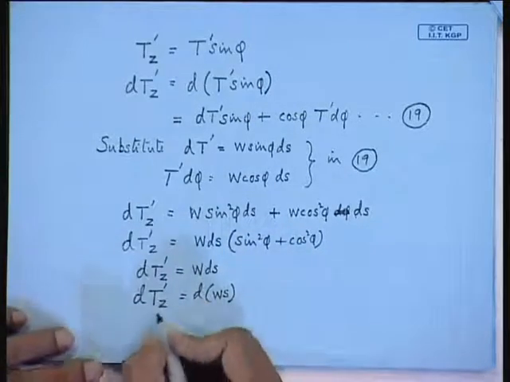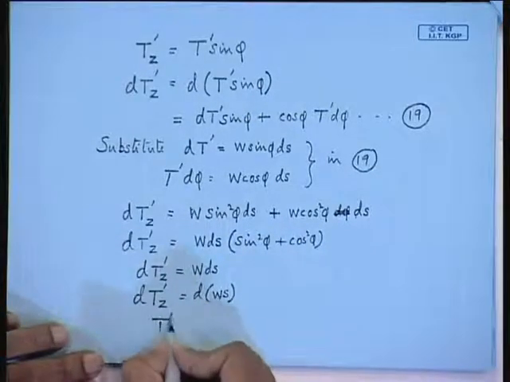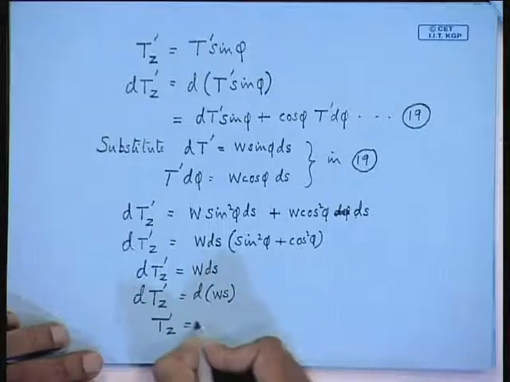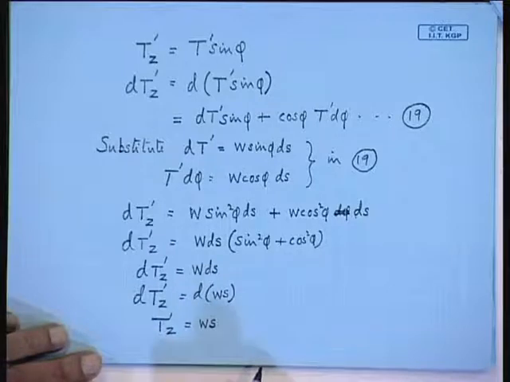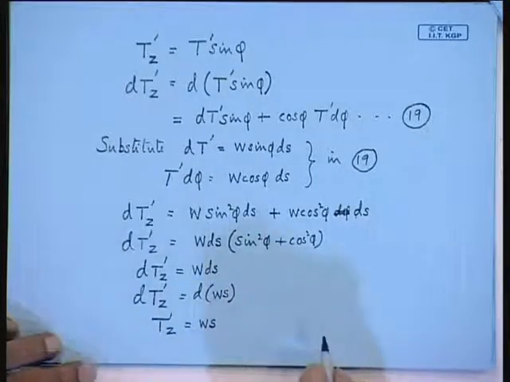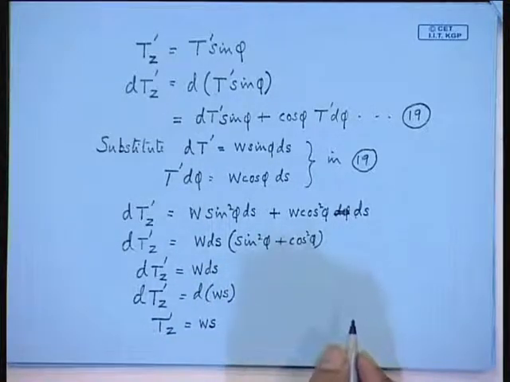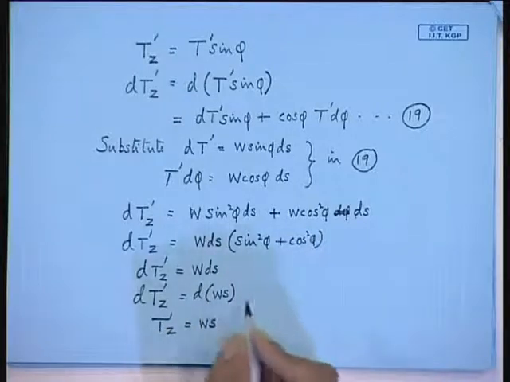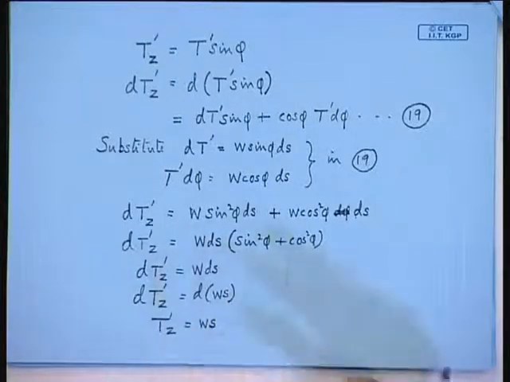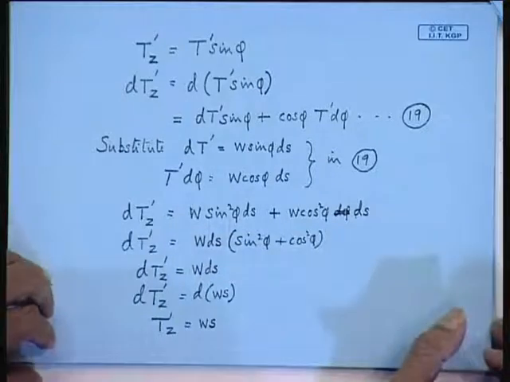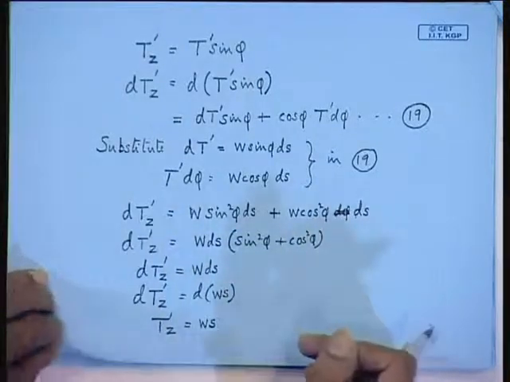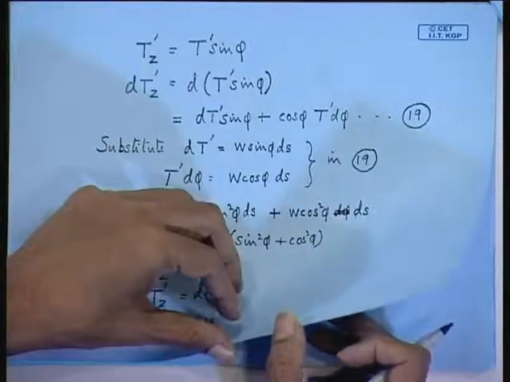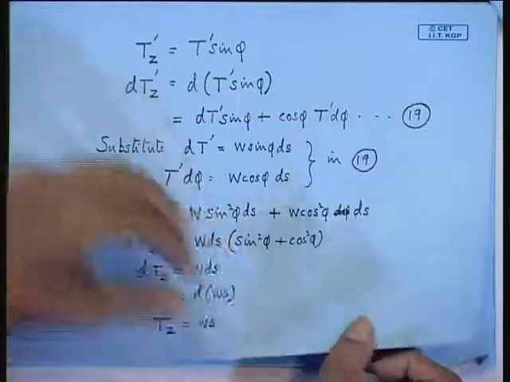So, that means we are getting T prime z is equal to W multiplied by S. So, physically what is the meaning? Physical meaning is the vertical component of the cable tension is balancing your weight, and the horizontal component is balancing TH.